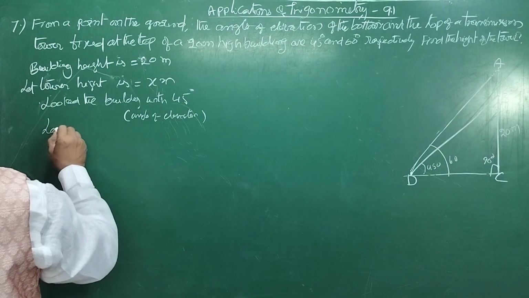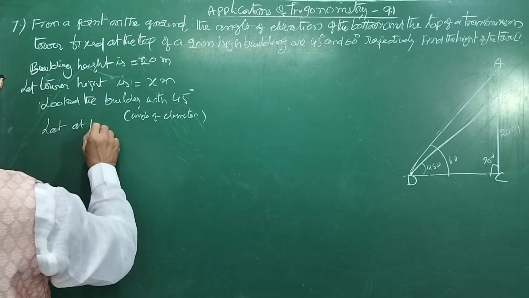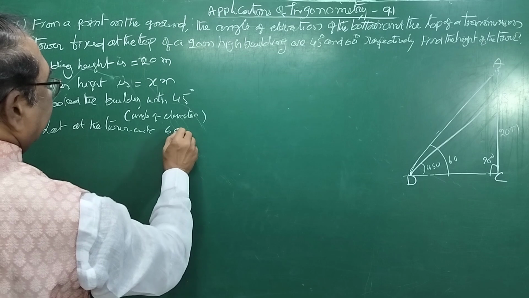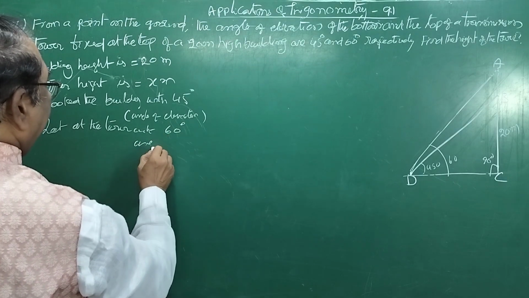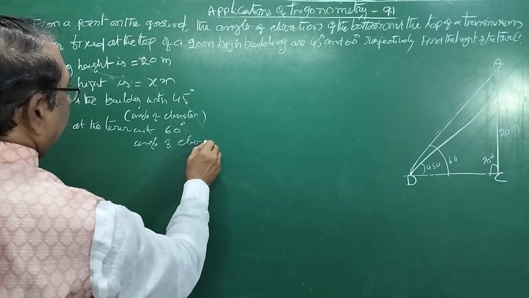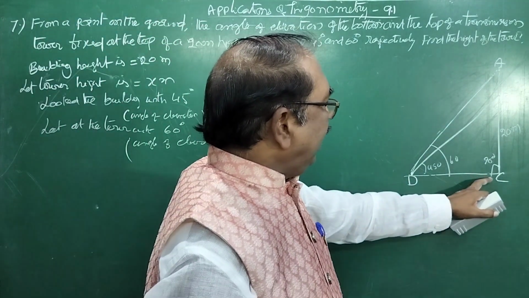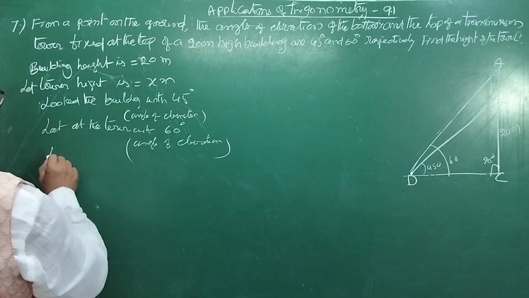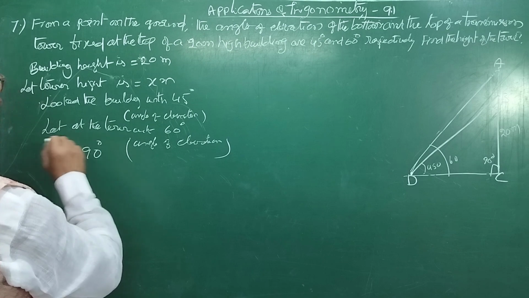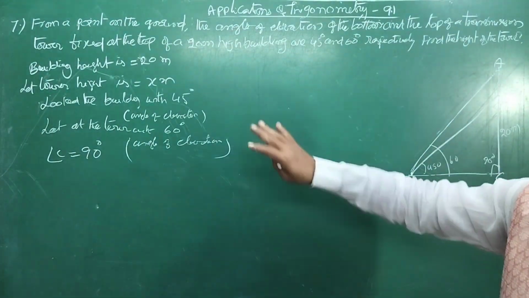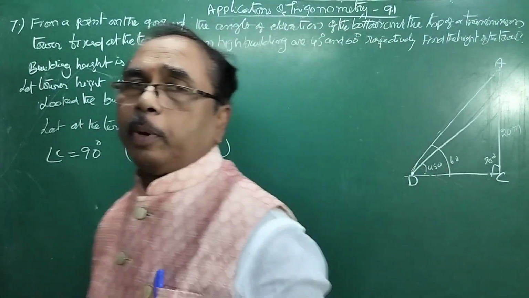Again he looked at the tower with 60 degrees. It is also angle of elevation. Next, angle C is equal to 90 degrees. It is the figure drawn and vividly described.